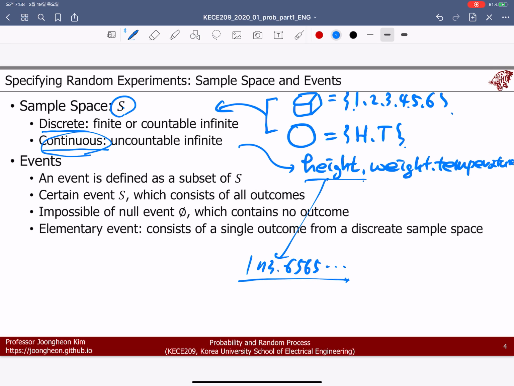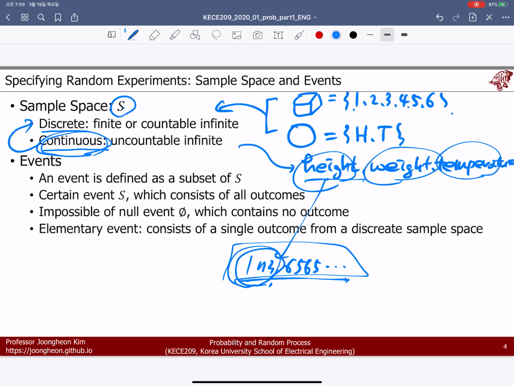We cannot specify the height exactly because it exists in a continuous domain. That's why I need to do something like rounding. So I just say that my height is 173 and that's it. This is called rounding. By doing some rounding, we can convert this continuous value into a discrete value. However, the value itself is in a continuous domain. That's why these are all continuous sample spaces, okay?